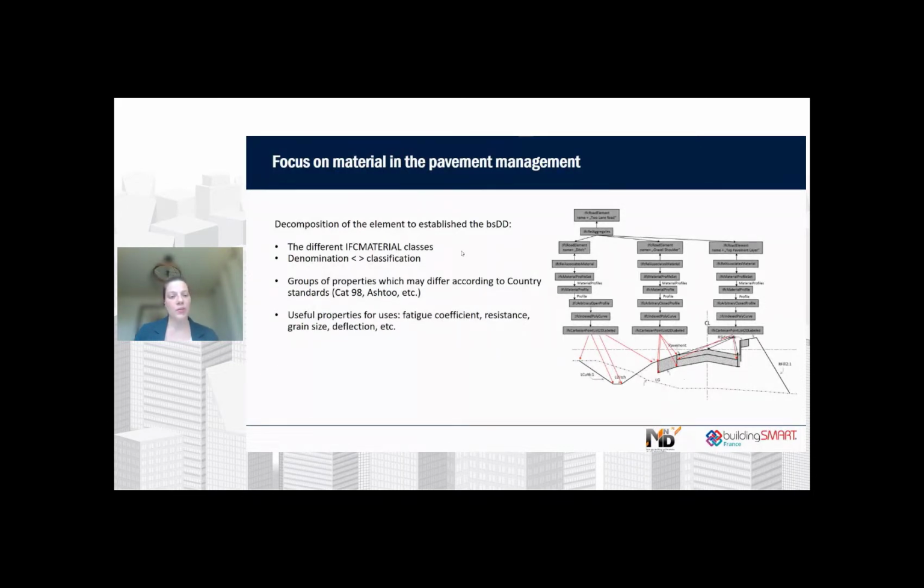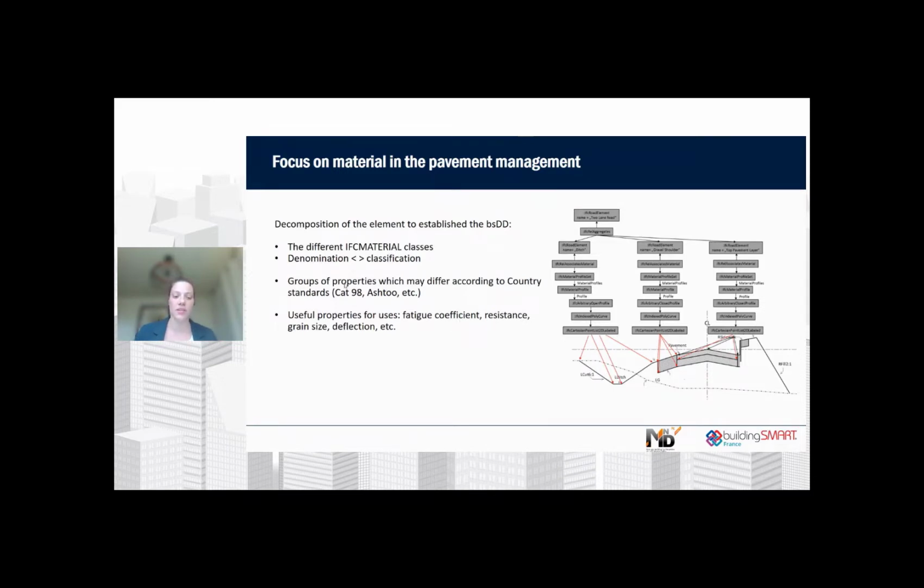A point that I want to highlight, I told you a few slides before, is that we will focus on the material. If we are speaking about material, it means that the denomination and the classification won't be exactly the same everywhere in the world. And that's why having this structure can help to have coherence and to harmonize things, even if we can keep our specificity.